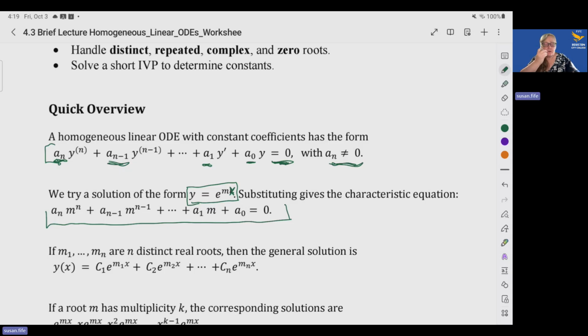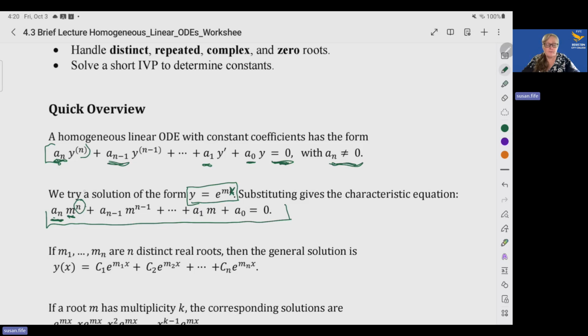So basically, this m is going to be our variable, raised to the power equivalent to the derivative. So for a sub n times the nth derivative of y, you still get that same coefficient, a sub n, but you're going to get m to the nth power.